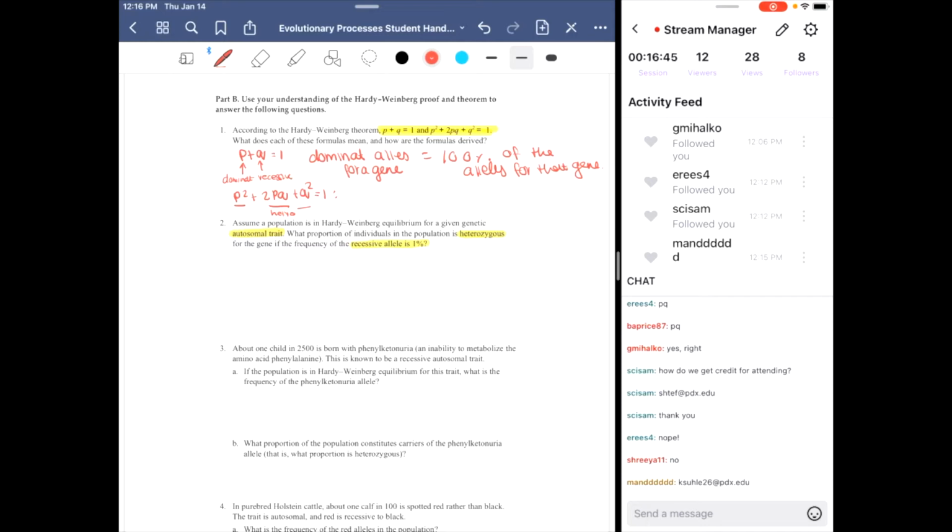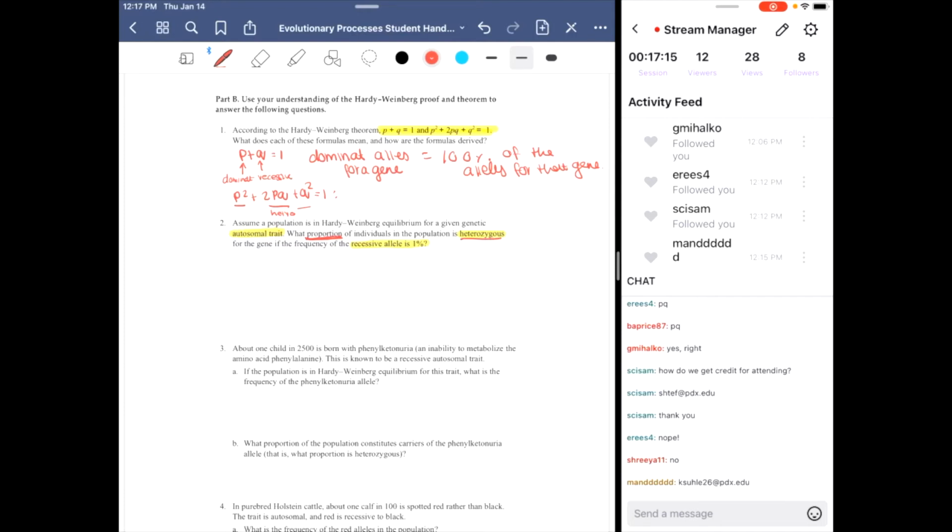So for Hardy-Weinberg equilibrium, it's really important to look at the key terms because it can be easily forgotten or misinterpreted which variable they're asking for. So during an exam or homework, I usually like to highlight the keywords. So here they're asking for the proportion of individuals in a population that are heterozygous.